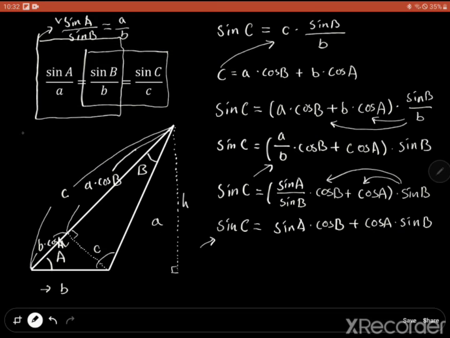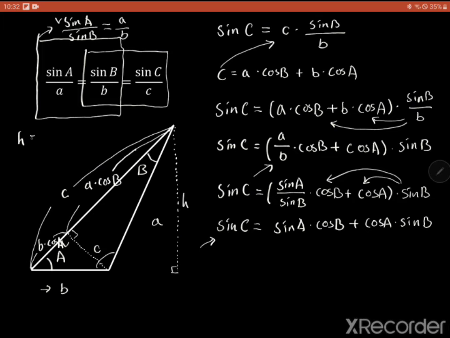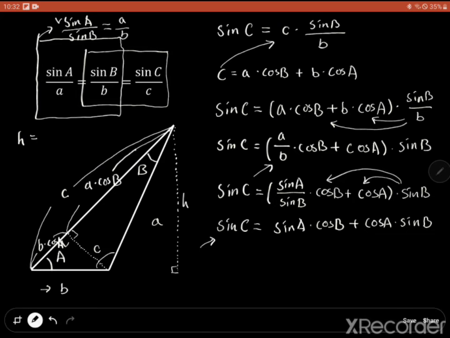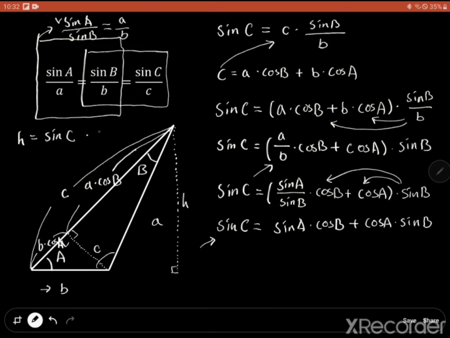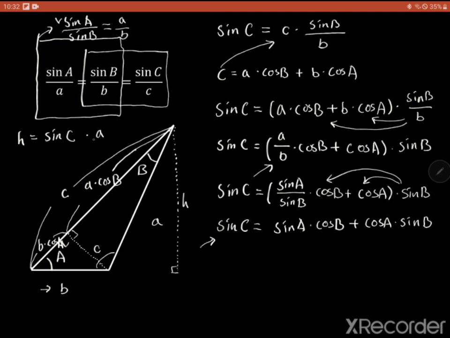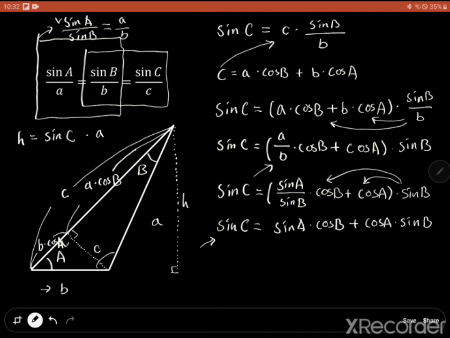So let me choose this one. h can be sine of the angle c multiplied with their hypotenuse, which is a. And there's another way to write it, as you already noticed.